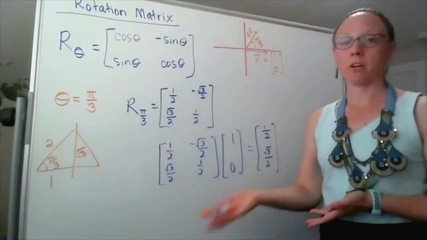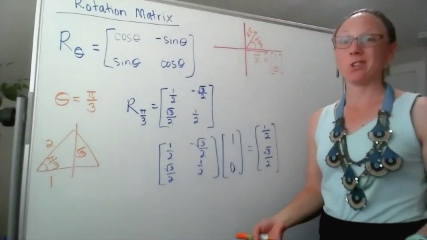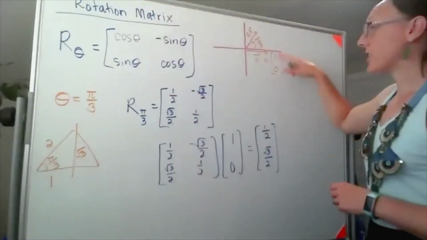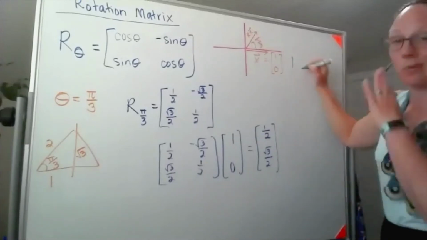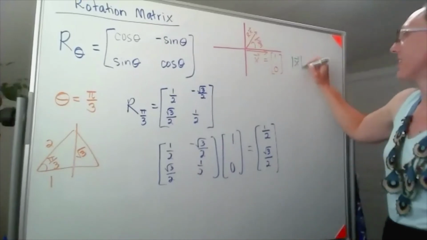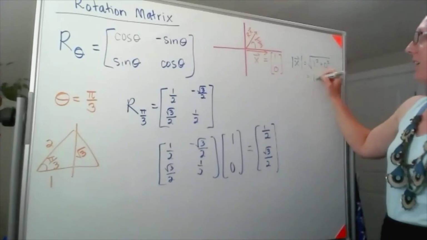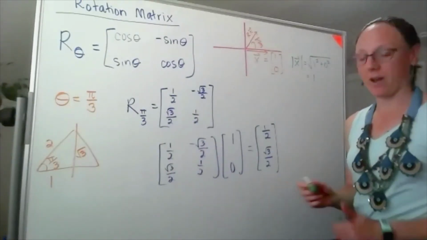Now I made the claim that a rotation matrix would not change the length of the vector. Well, let's do a quick check on that. Our original vector, 1, 0, if I were to look at the length, I think we can probably see it's 1, but if I use the formula, then the length of x would be the square root of 1 squared plus 0 squared, or 1. So the question is, does our new vector also have a length of 1?